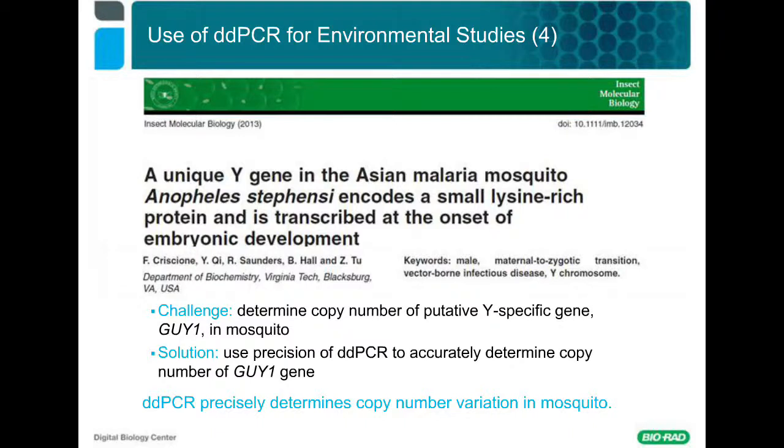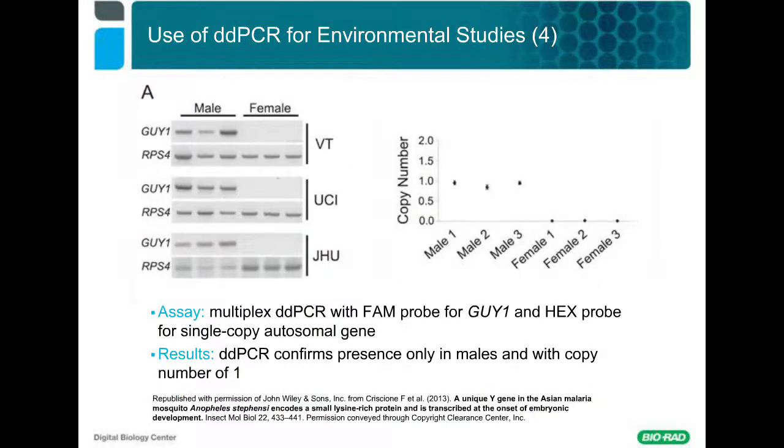Albeit this is not an environmental study per se, in the fact that the sample itself is not environmental. This is extracted mosquito DNA. It was included in this presentation given the nature of its model. Mosquitoes are very prevalent in many different public health and environmental studies.